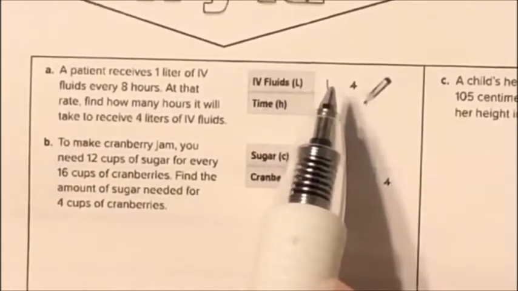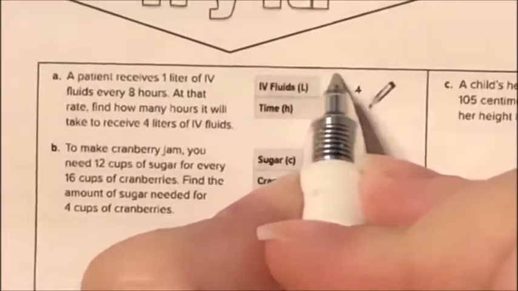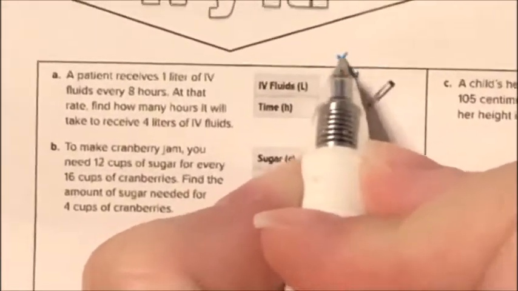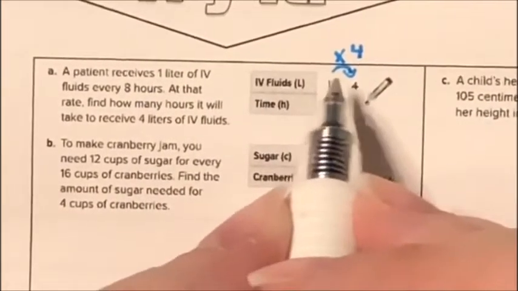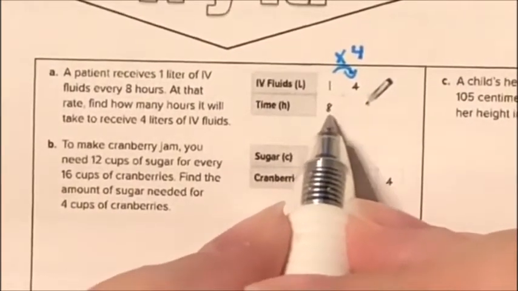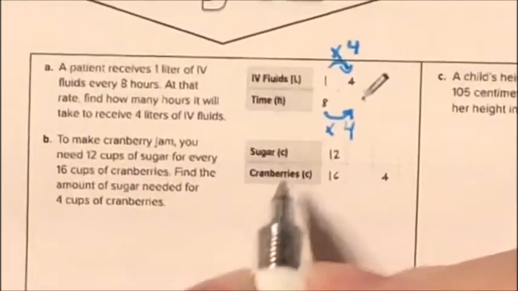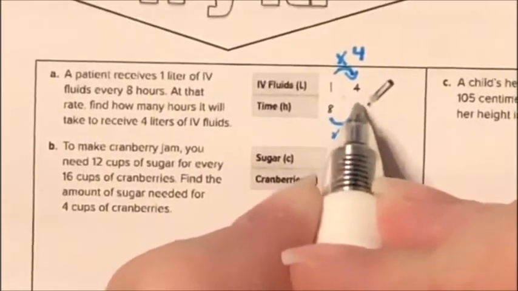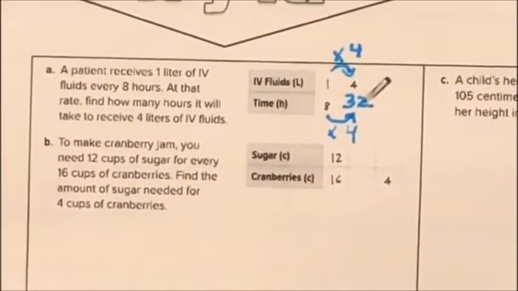Okay, so what did I do to get from 1 to 4? Well, I had to multiply by 4. So since I had to do that, I have to do it down here too. Multiply 8 times 4. Well, 8 times 4 gives me 32.